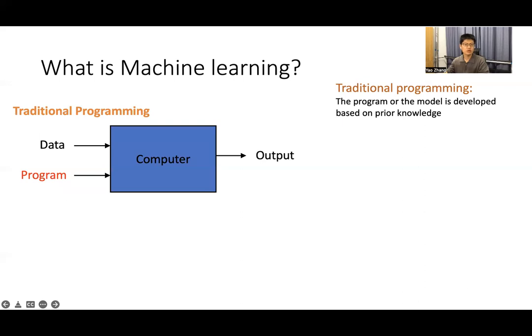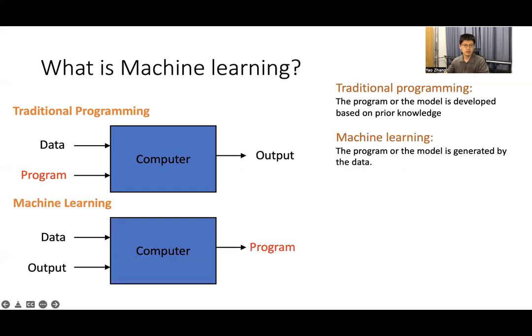I suppose most of you have already heard of machine learning before. It is quite different from traditional programming. In traditional programming, we have the data and we have the program or a model, which is developed based on prior knowledge. We put them into the computer and it will give us some output. For machine learning, it is different.